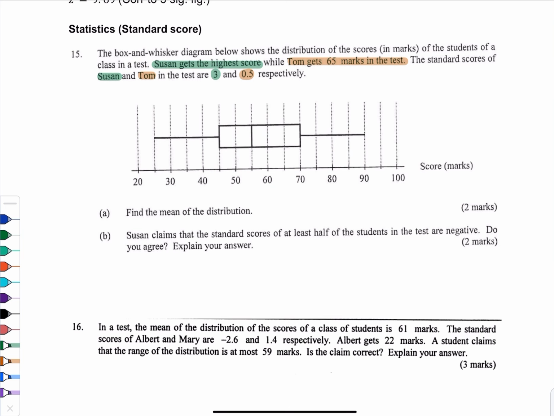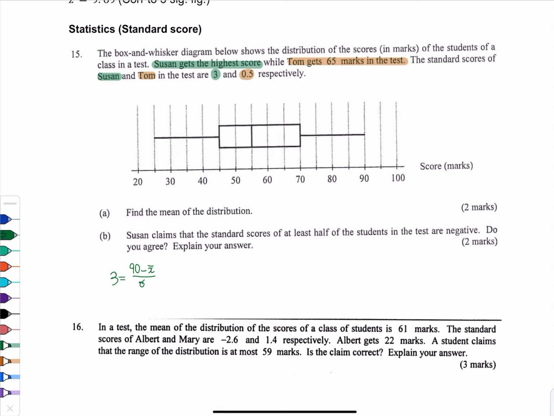So let's do Susan first. Do we know the standard score of Susan? Yes, 3. Do we know the marks of Susan? We know she got the highest score. So what's the highest score here? This one, 90, that's the maximum. So Susan got 90 marks. Do we know the mean? So let's say it's bar X. Do we know the SD?